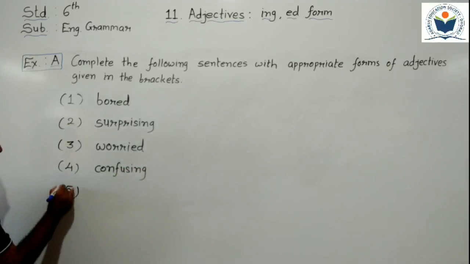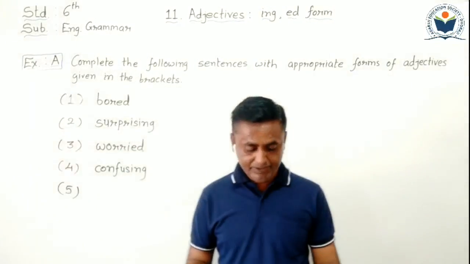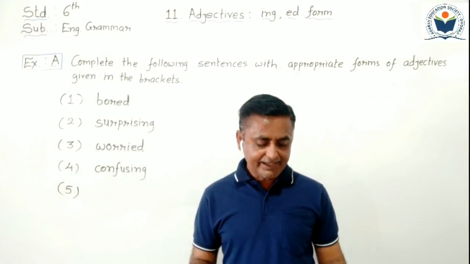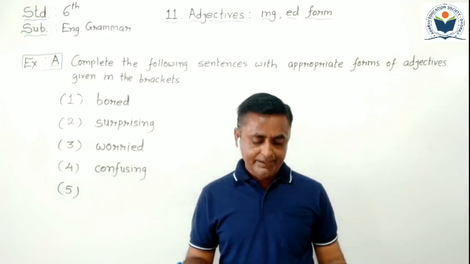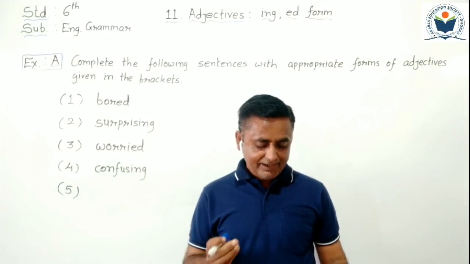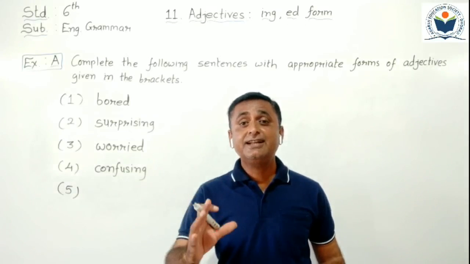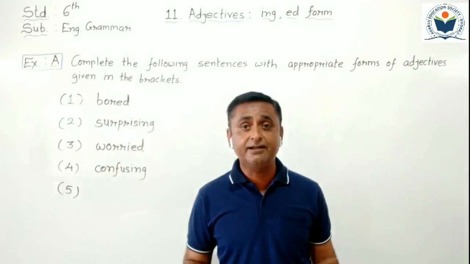Now we have to see the fifth sentence. The fifth sentence is given here. See: all this attention is blank to me. Here the word embarrass is given. We describe the attention, so the description of attention is given here.